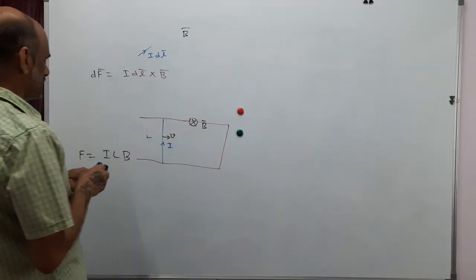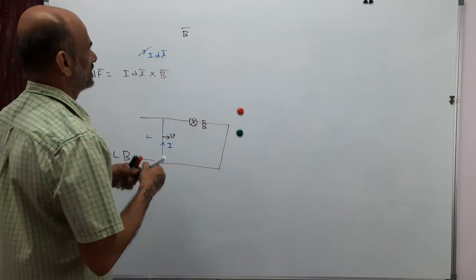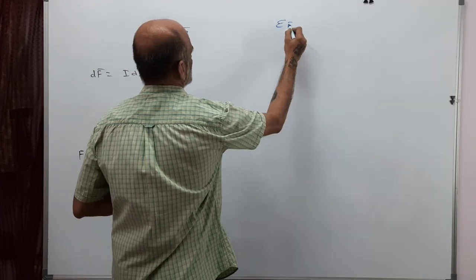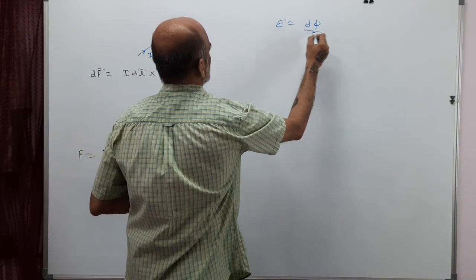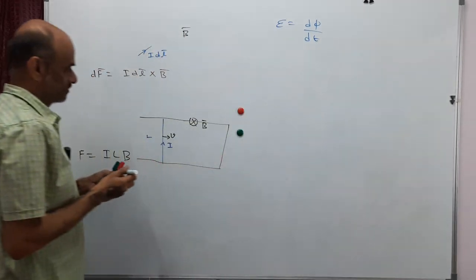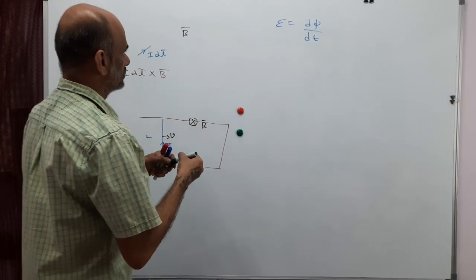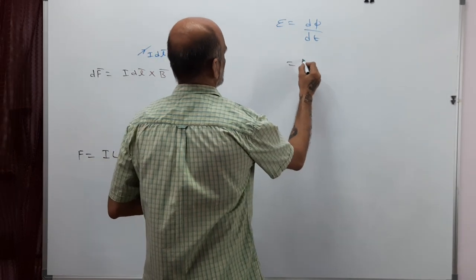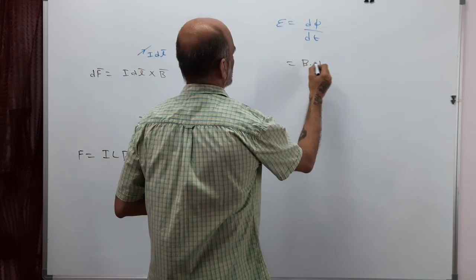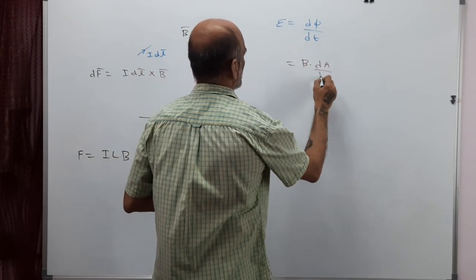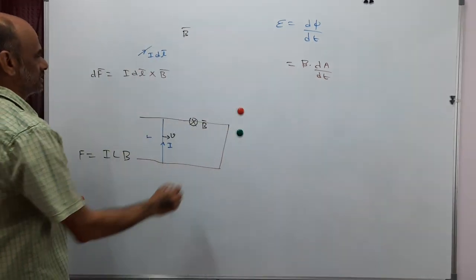So there will be induced EMF, which is given by Faraday's law of electromagnetic induction as d phi by dt. Flux linking to the circuit is B into A because B is uniform. This will become B into dA by dt.